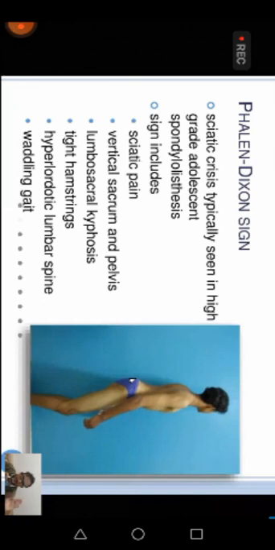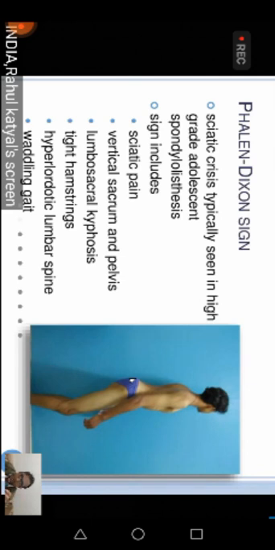So it creates a situation here: the hamstrings are getting tight, the iliopsoas is tight, the posture is getting more curved, and the sacrum is straight. Now when the abdominals are weak, it makes the vertebra shift forward, like that.